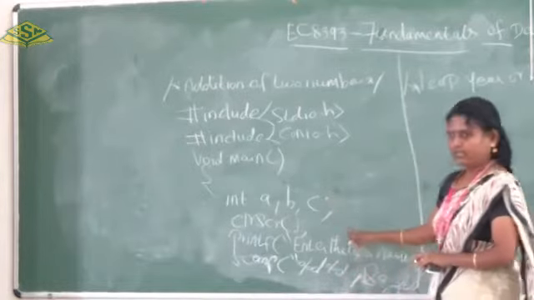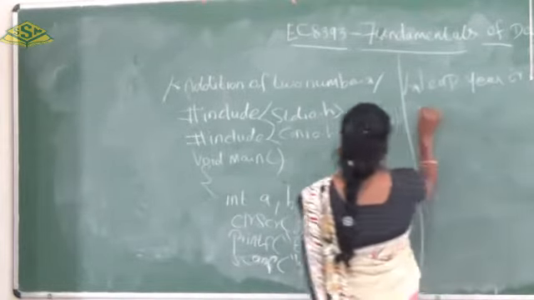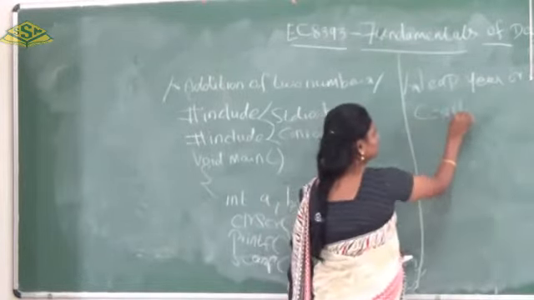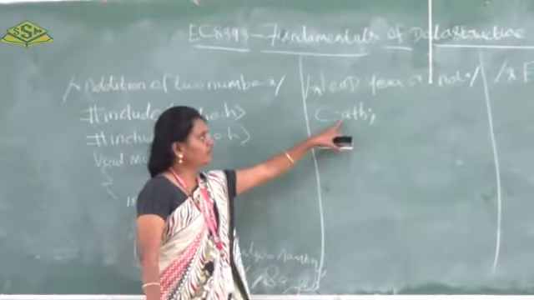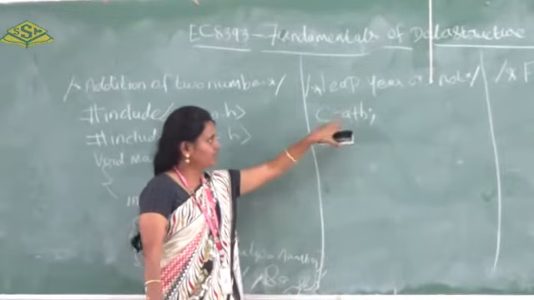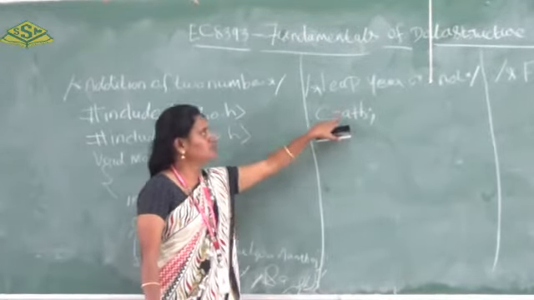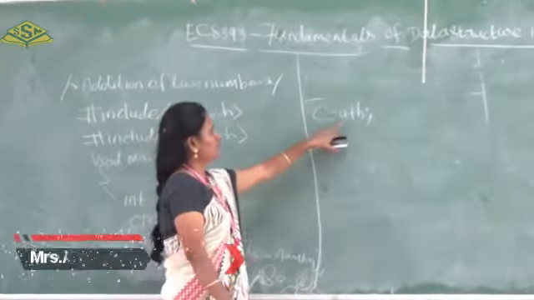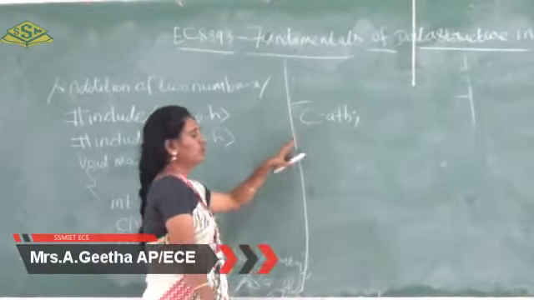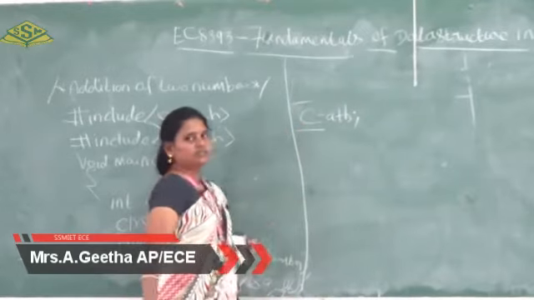Then after getting the input, we have to calculate, that is C equal to A plus B. Here we have added A and B. After adding, this value will be stored in the C variable. So we have to print this alone.